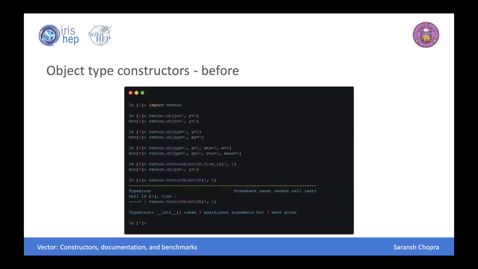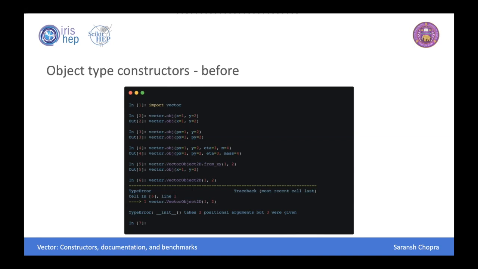This is how the object type constructors looked before my fellowship period. If you would construct a vector by calling vector.obj, the wrapper that it would show would be exactly the same as you were inputting, except for the momentum type vector.